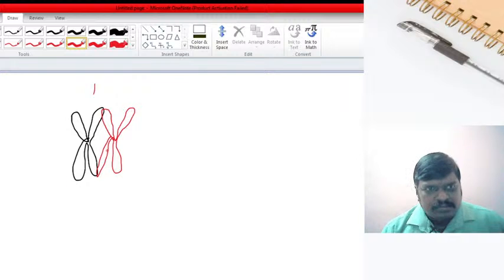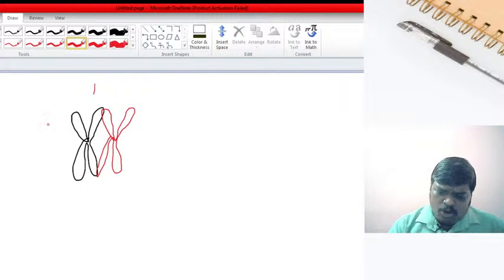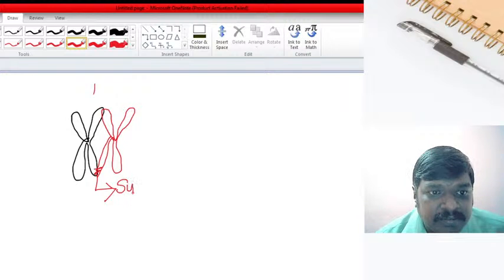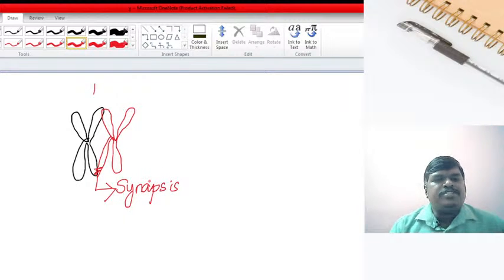Now they will come close together and attach here like this. This process of coming together and attaching is called synapsis.